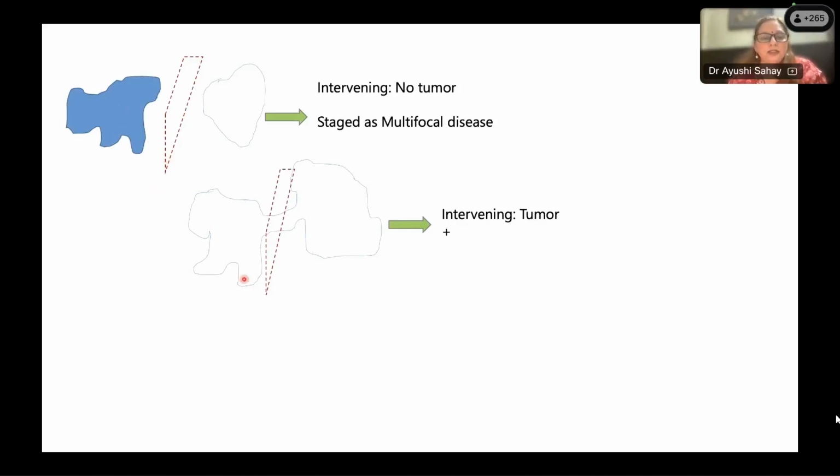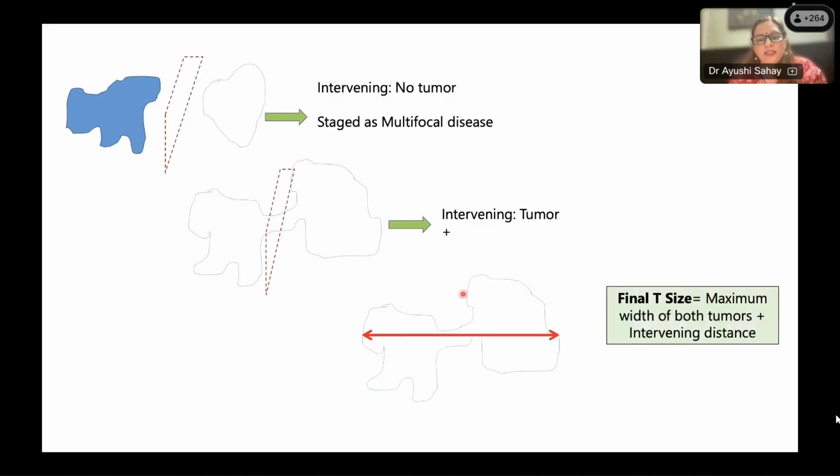Now, suppose there is a tumor which is connected somewhere in between by a narrow stalk, with two lobulations, and you take the section through the intervening parenchyma here. Your intervening parenchyma section will show you the tumor. And how will this be staged? Here the final T size will become the gross size of the largest dimension of each tumor plus the intervening parenchyma, whatever distance you gave between them.